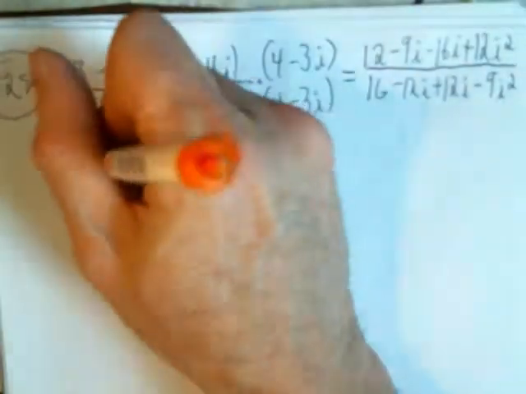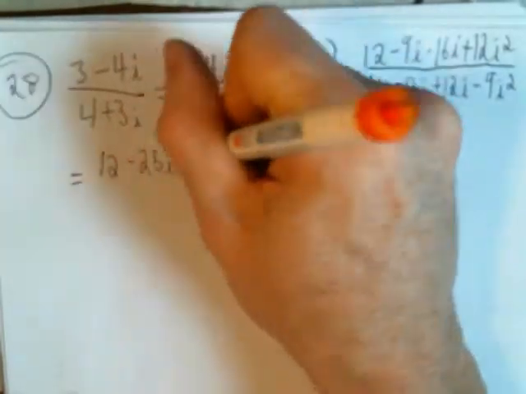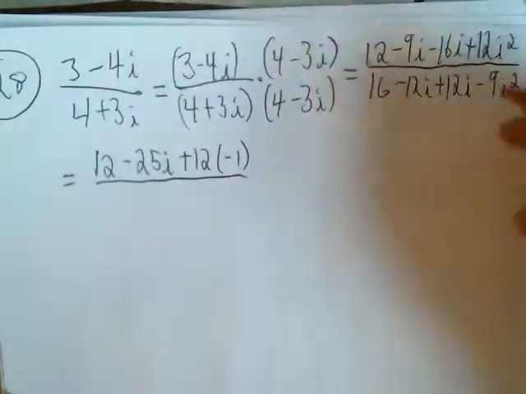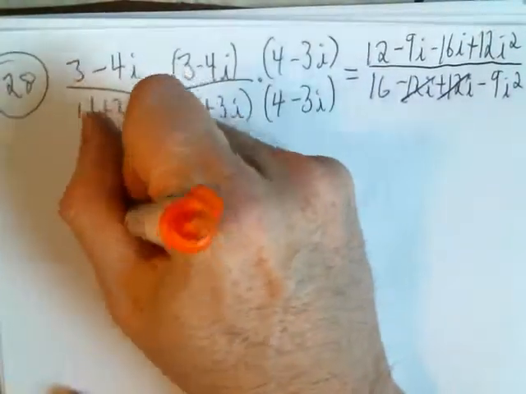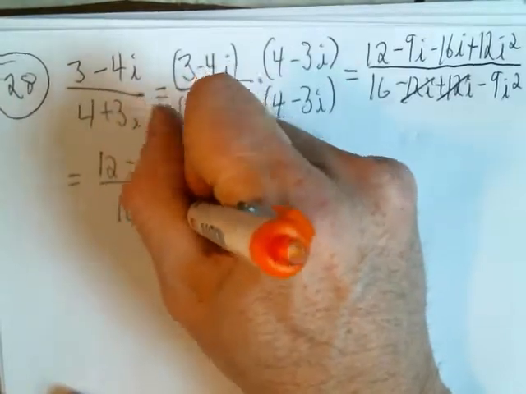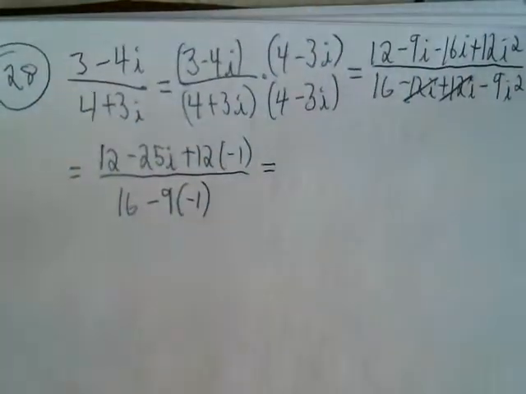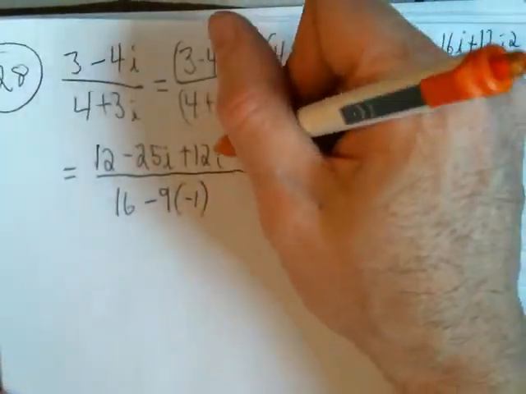Simplify the heck out of this stuff. So I have in the numerator 12 minus 25i plus 12 times negative 1. i squared is negative 1. And the denominator, you shouldn't have any imaginary terms left, right? So 16 minus 9i squared is negative 1. And then 12, this will end up being negative 12.